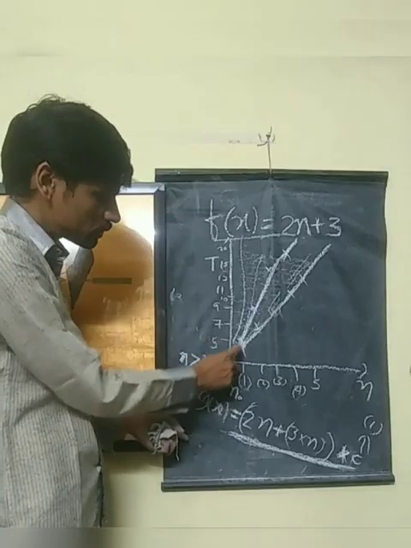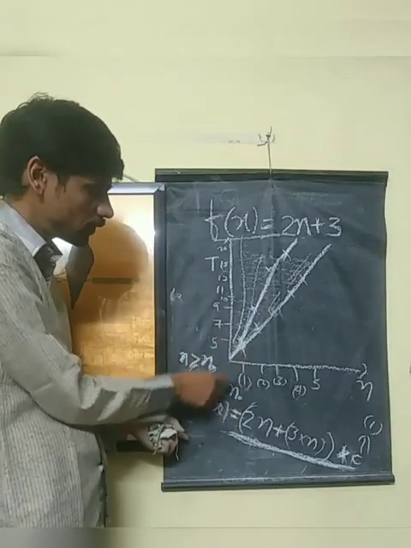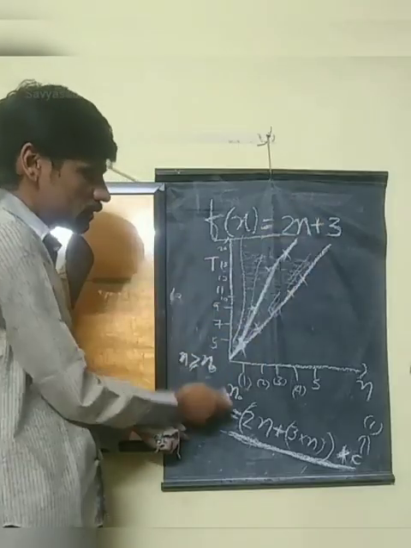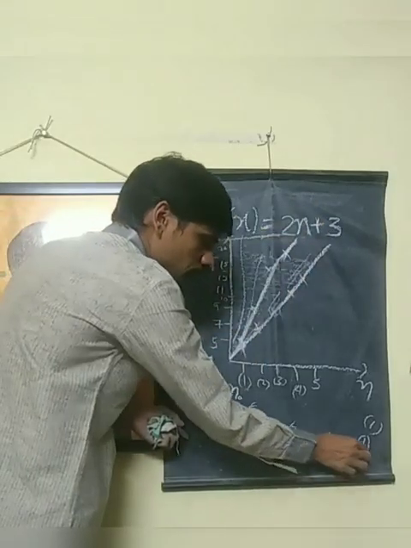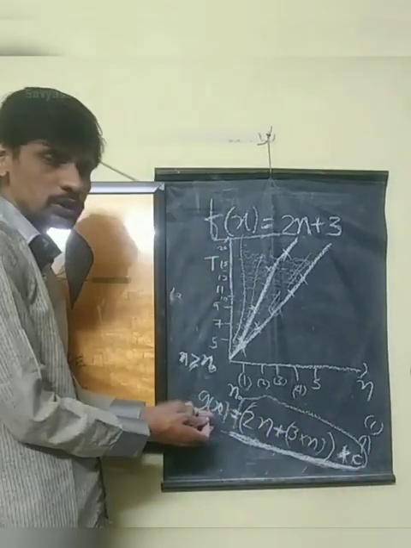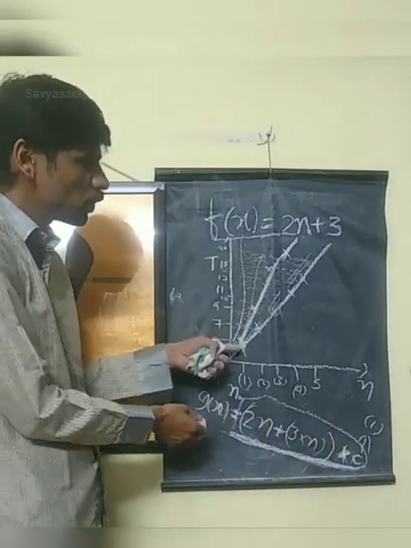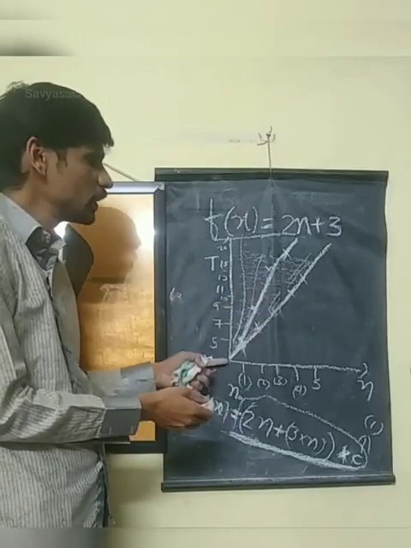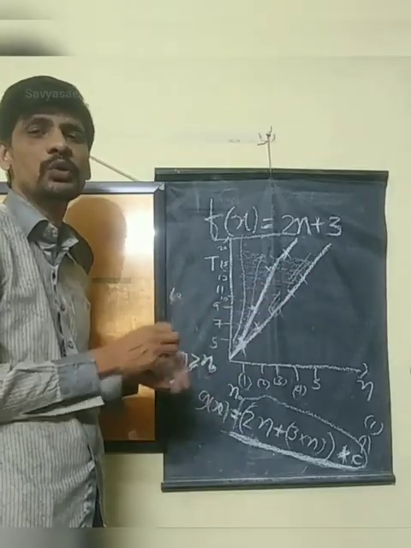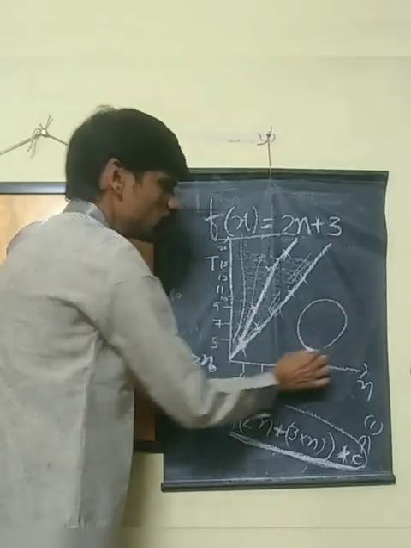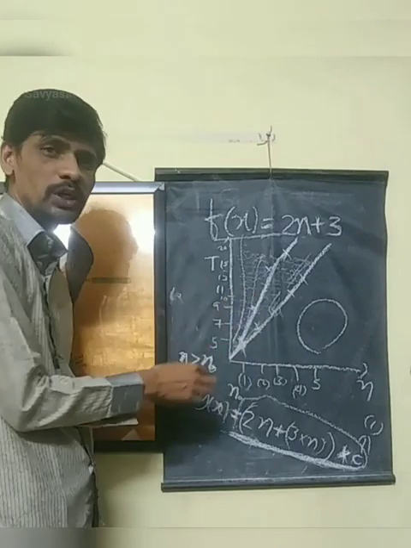So in this case, what is n0? 1. After 1, for every input, this statement, this set of variables, produces an upper bound to my graph. So this is called big O notation.